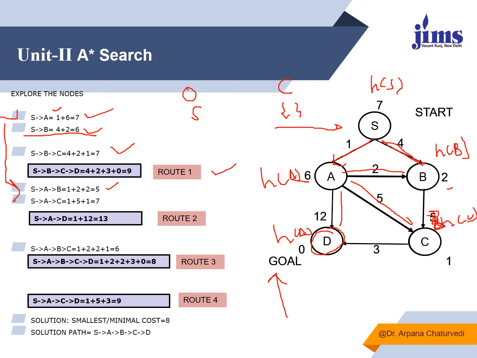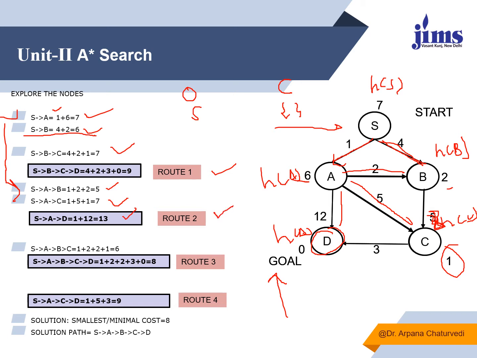Then S to A to C, 1 plus 5 plus heuristic value 1, so 1 plus 5 plus 1, 7. Then S to A to D, it will become 1 plus 12 plus 0. It becomes 13. So here we found route number 2.